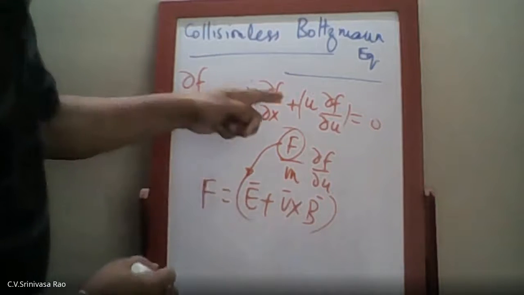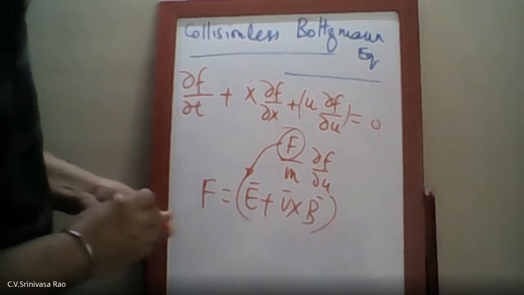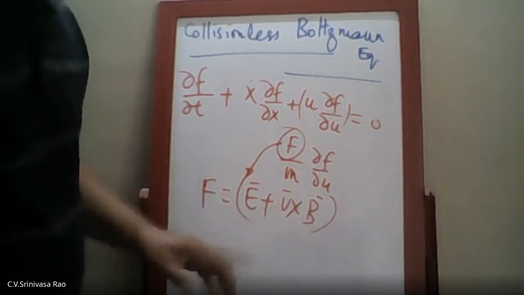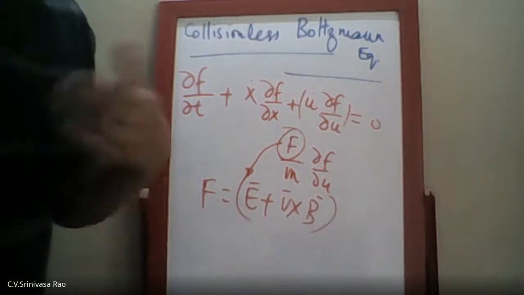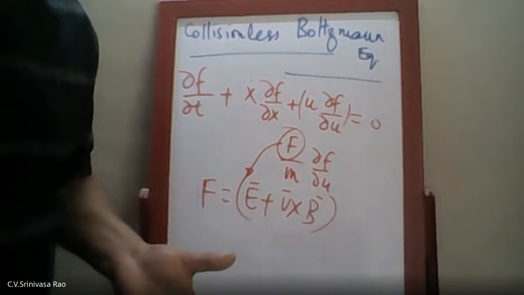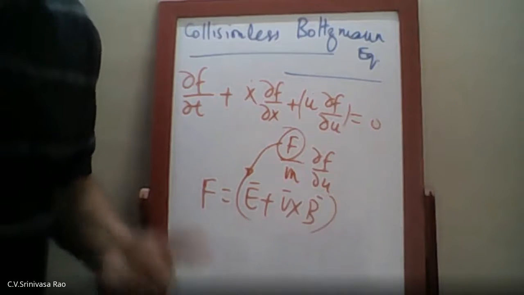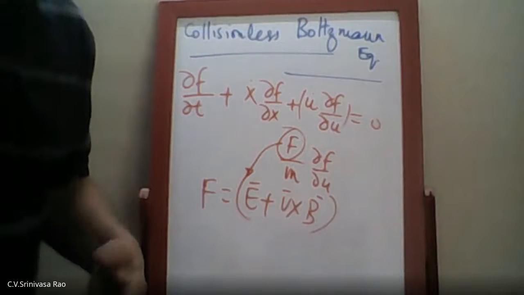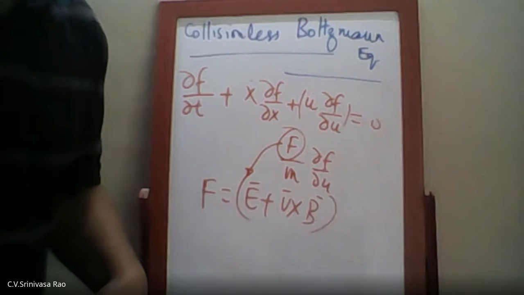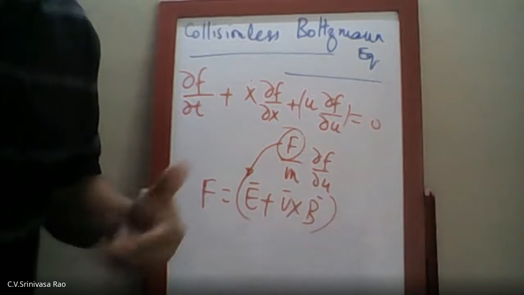So when you put all these things, now these fields are basically electric and magnetic fields applied externally, but also you have to take into account the internal electric fields and magnetic fields, which are self-generated by the plasma. So you have to write a self-consistent equation.